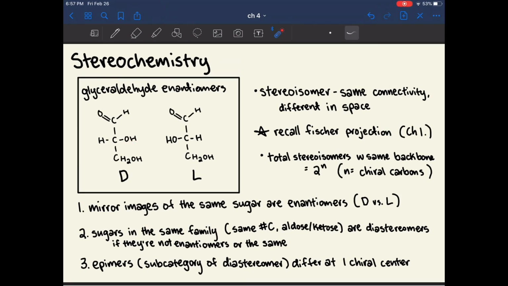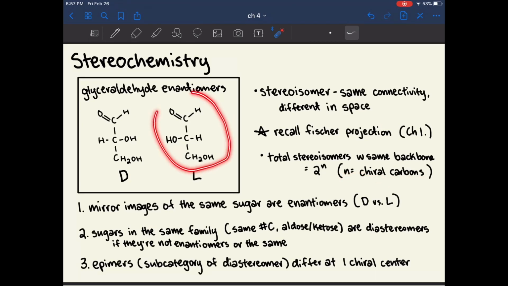A quick formula to calculate how many total stereoisomers there are with the same backbone is the formula 2 to the n. This is asked about quite frequently on the MCAT, where you're shown a sugar molecule and you're asked how many other stereoisomers there can be. And it's important to note that this n doesn't stand for the number of carbons, it stands for the number of chiral carbons.